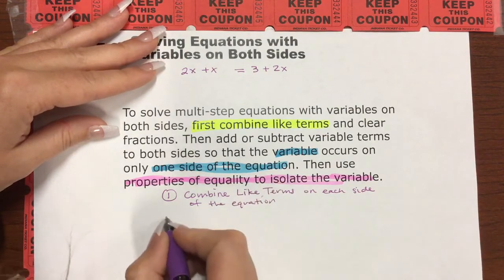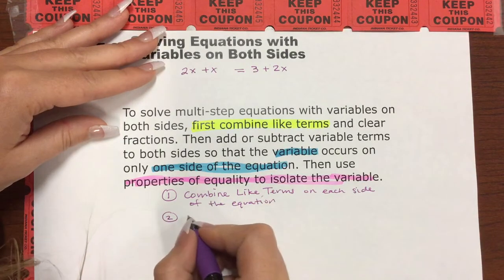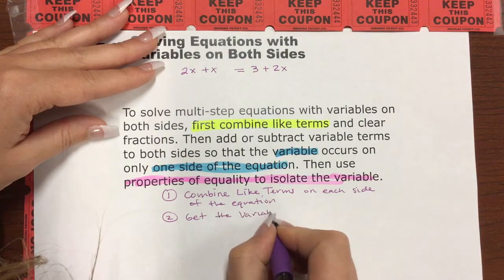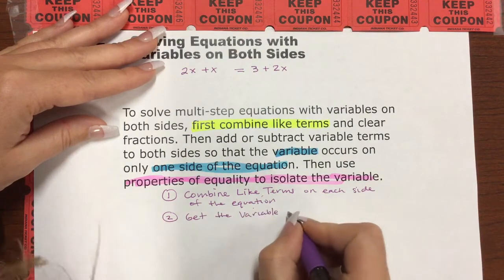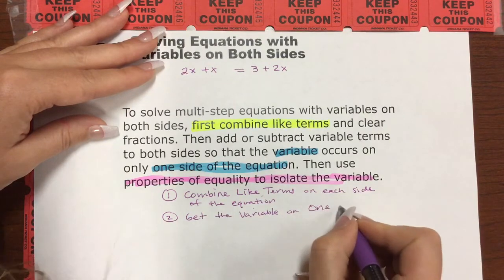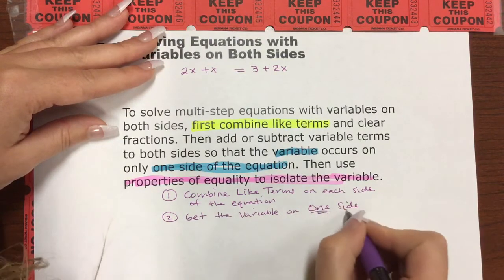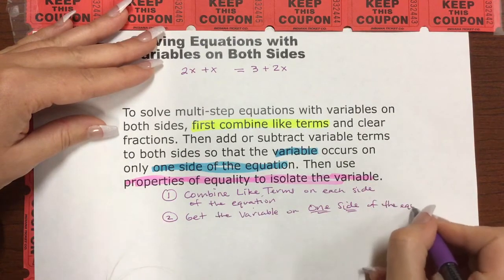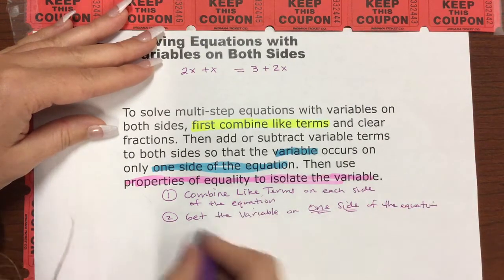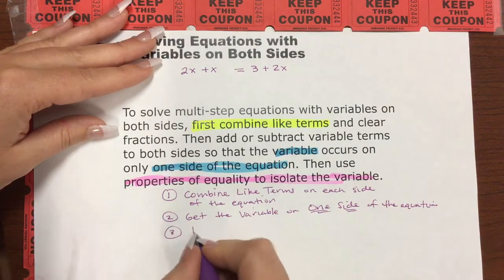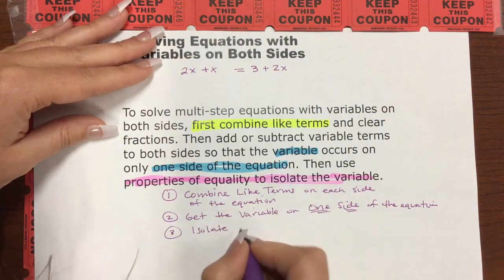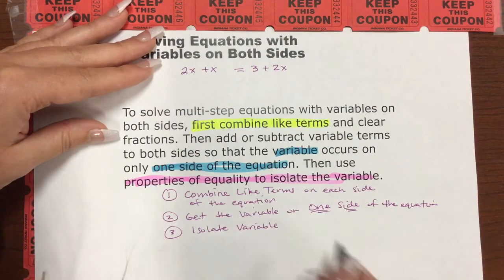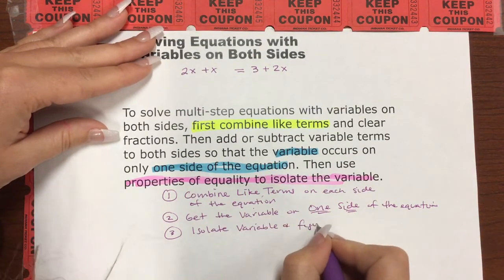Then we are going to get the variable on one side of the equation. And then lastly, we are going to isolate the variable and figure out what it is. Get it all by itself. Isolate the variable and figure out what it is.